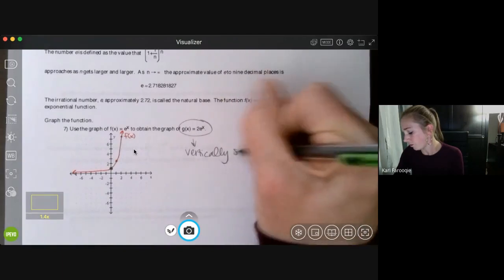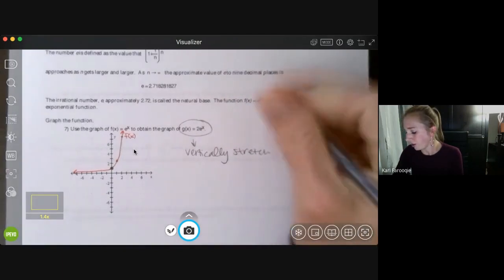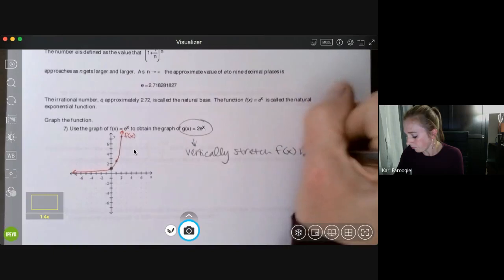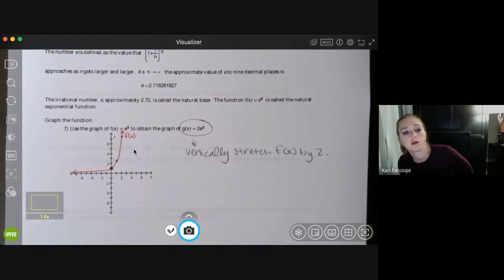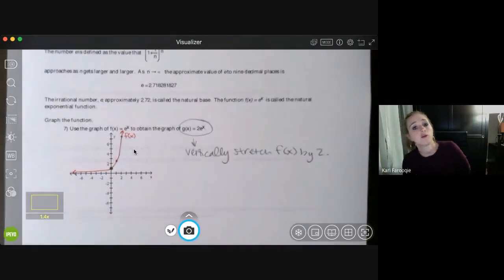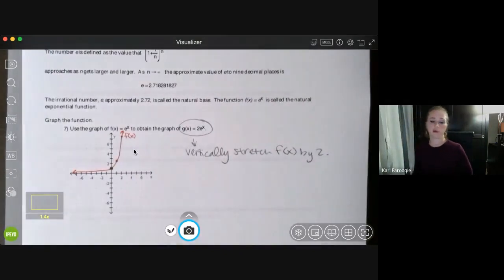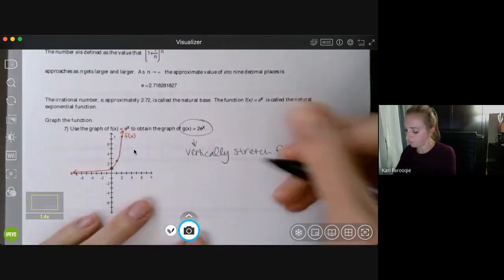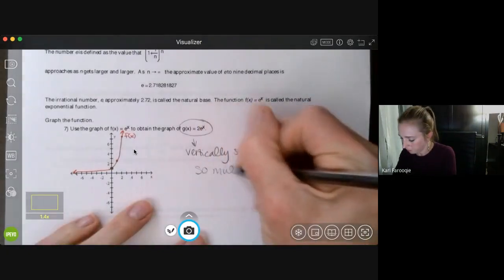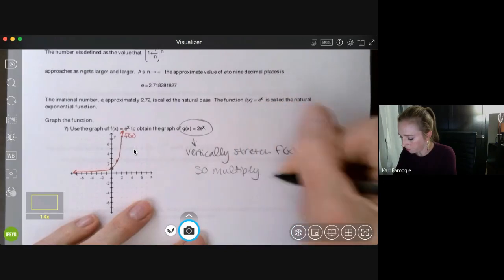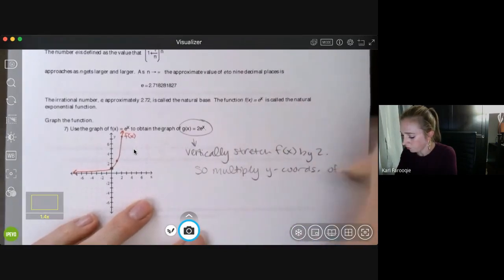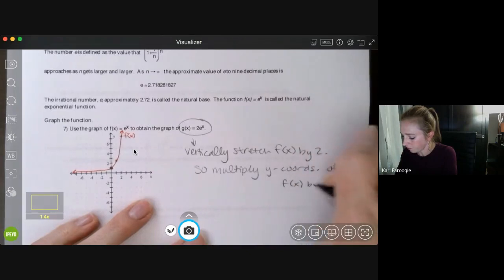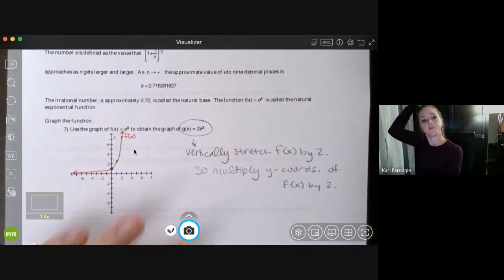So we're going to vertically stretch f of x by 2. And if we're vertically stretching f of x by 2, it just means that we're going to multiply the y values by 2. So multiply the y coordinates of f of x by 2.